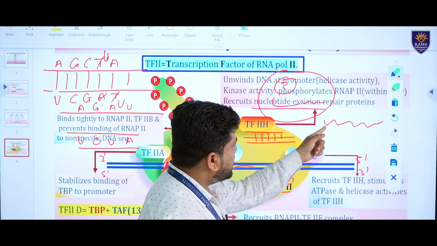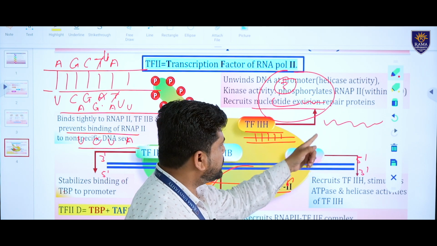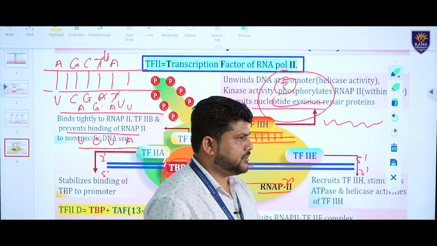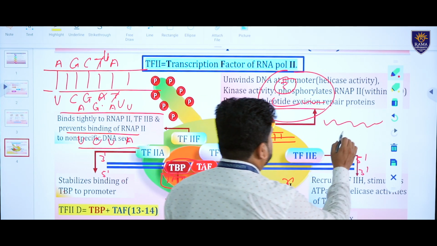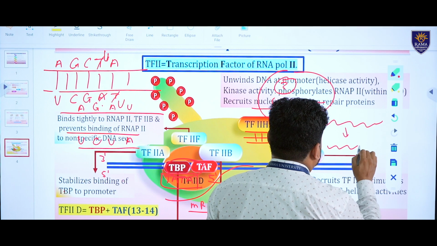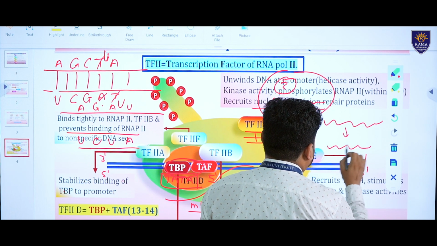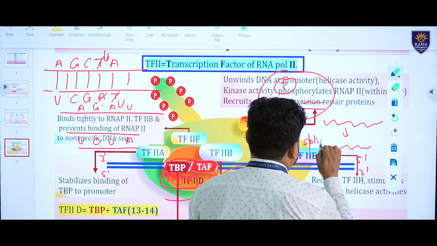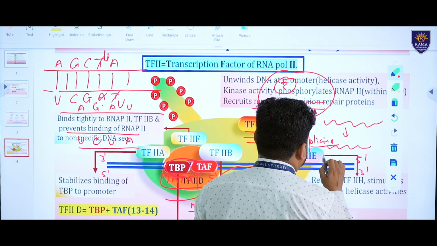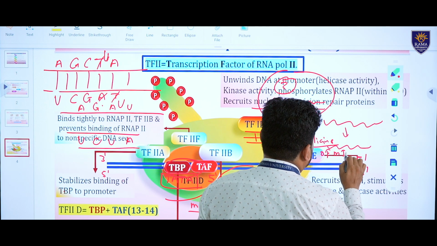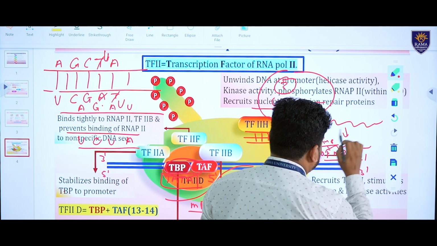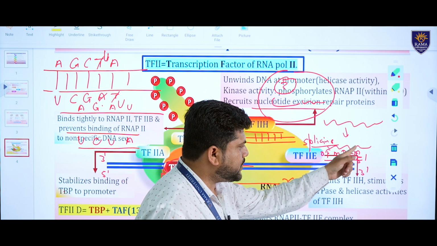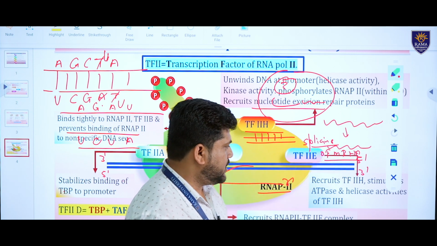many uninterrupted sequences of nucleotides which will not be transcribed or read. So after that, mature mRNA is formed, mature mRNA. This process is called splicing of mRNA. Means this mRNA has the coding and non-coding sequence in the uninterrupted form.